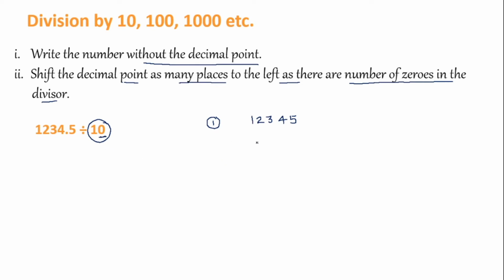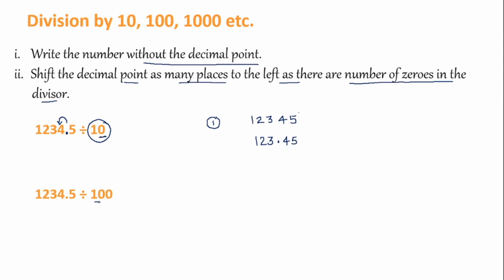So you will shift the decimal point 1 place towards the left. So your decimal point is here and you will shift this decimal point towards the left, that is between 3 and 4. So your answer is 123.45.